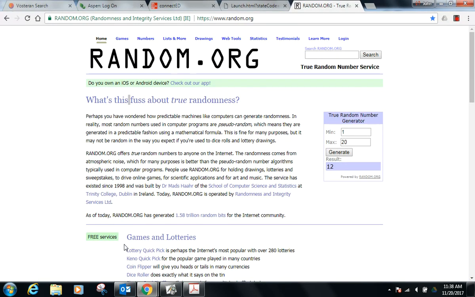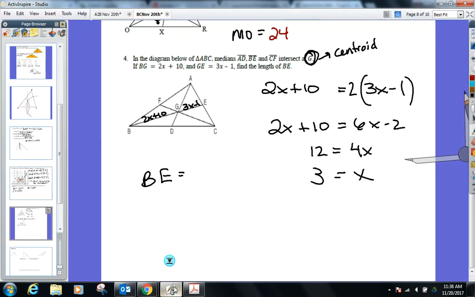BE, length of BE, what do we got? 24, yep, you should have ended up with 16 plus 8 for a length of 24. Perfect. Questions right there.